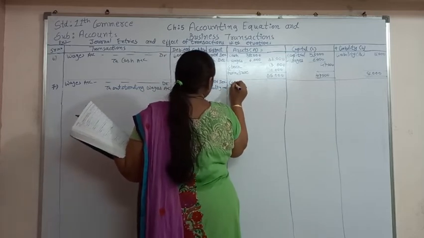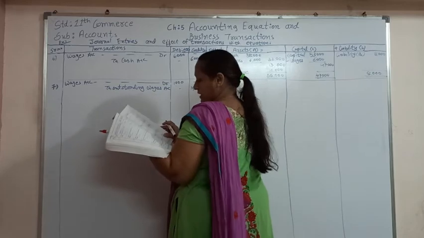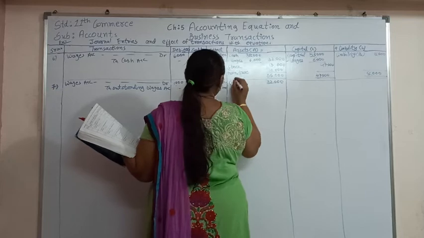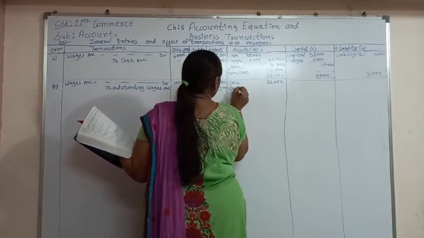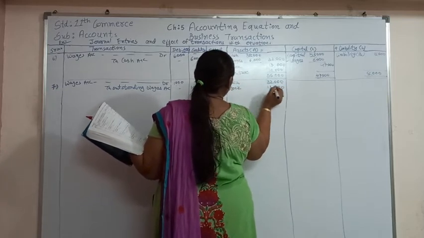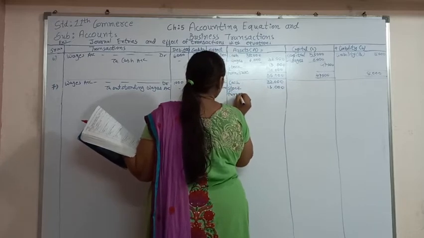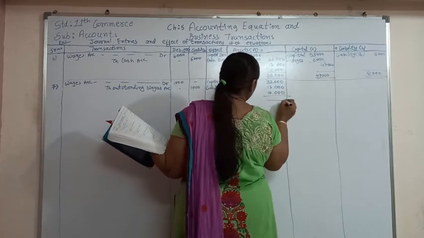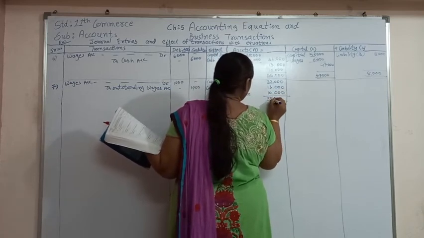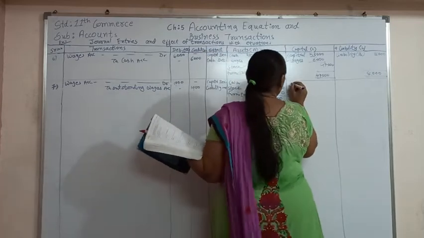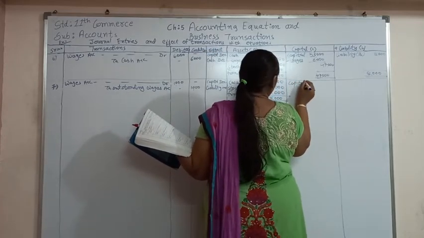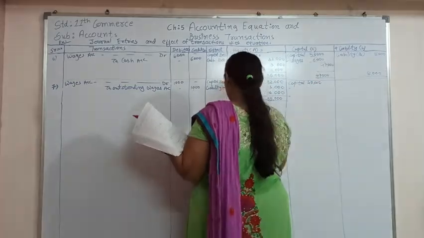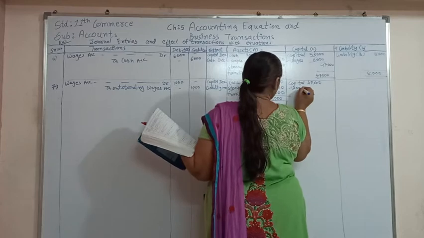Here cash account is of how much? So cash account is 32,000. Then stock account is 13,000. Then furniture is of 10,000. So total will be 55,000 and capital was of 47,000. From that we are going to deduct wages of rupees 1,000.